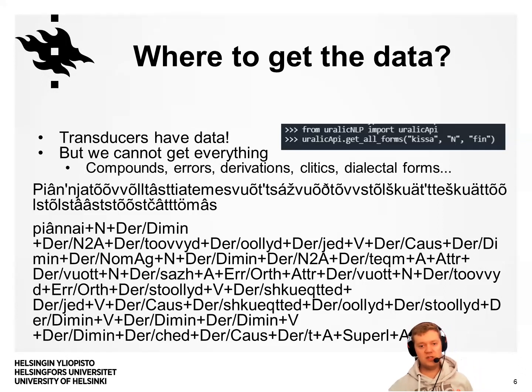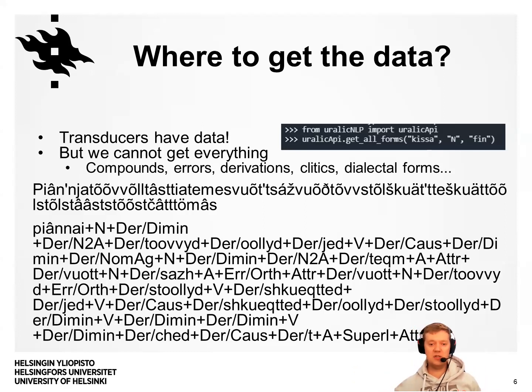Now, the first question is, where do we get the data from for all these languages? Well, none of these languages are probably going to have ready-made data sets with these Giella tags, at least not very extensive ones. But the transducers themselves have data. Just as we can toss a word to the transducer and it gives us the analysis, why can't we give it a lemma and its part of speech, and let the transducer tell us all the possible forms it knows?